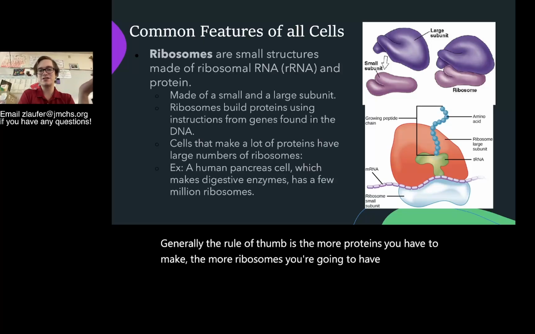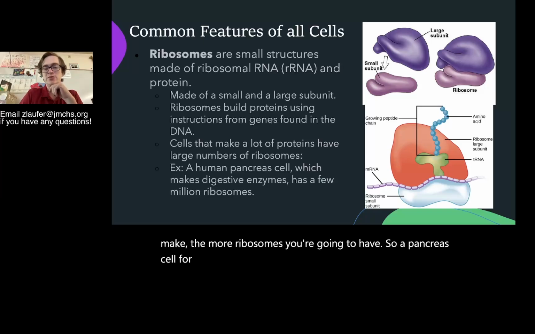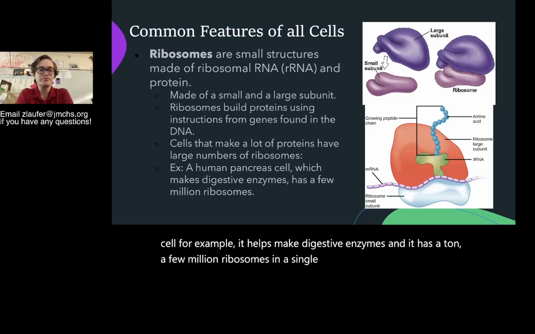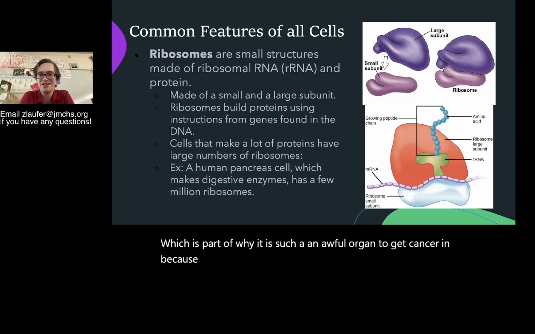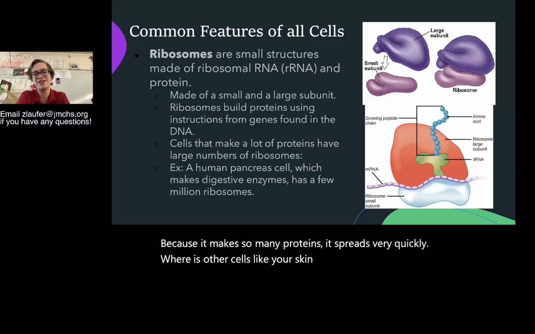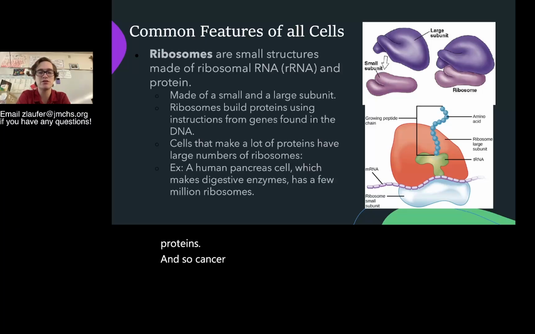So a pancreas cell, for example, helps make digestive enzymes, and it has a few million ribosomes in a single cell, which is part of why it is such an awful organ to get cancer in. Because it makes so many proteins, it spreads very quickly. Whereas other cells, like your skin cells, are not really making many proteins. And so cancer doesn't spread as easily in skin cells.